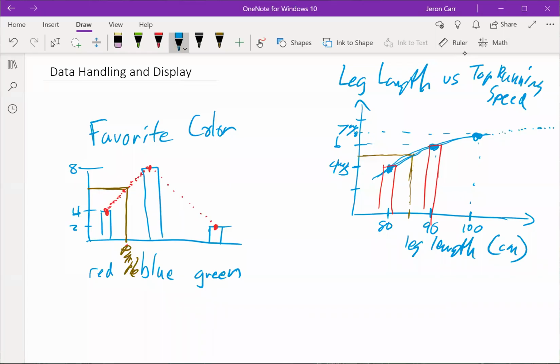It might be what mathematicians call asymptotic. It's sort of becoming more and more flat as time goes on, even though it's continuing to get a little bit larger. And so I might conclude that someone who has legs that are 300 centimeters long is going to be the fastest runner possible. But is this true?